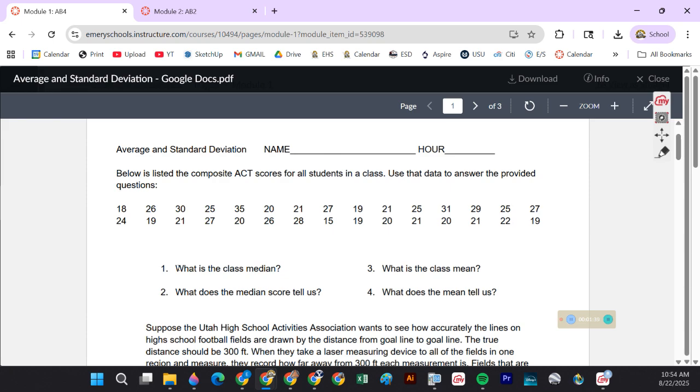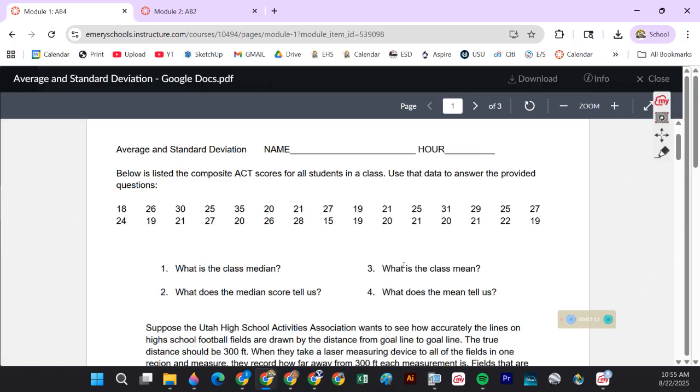So if I said the middle number is 21.5, what does that tell me about the data set? You can be more specific than that. Not just it goes above and below. There are an equal amount above and below. So half of the scores are bigger than 21.5, and half of the scores are smaller than 21.5. That's what the median tells us.